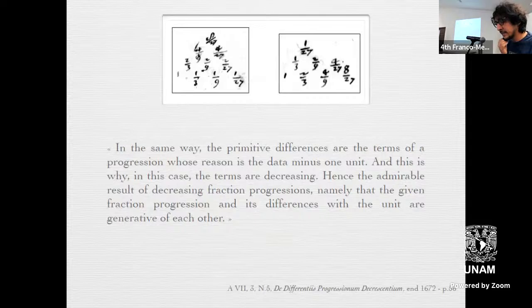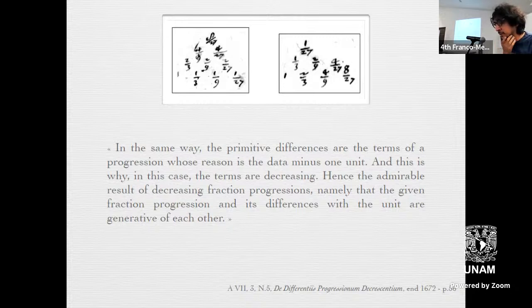Leibniz says, in the same way, the primitive differences are the terms of a progression whose reason is the given one minus 1 unit. So in the diagonal, you get the geometrical progression with a reason one unit less than the given, and this is why in this case the terms are decreasing.